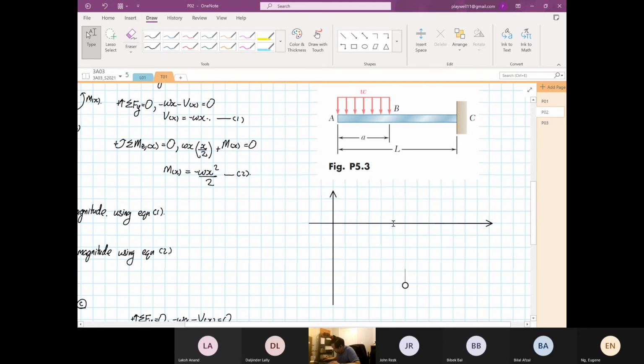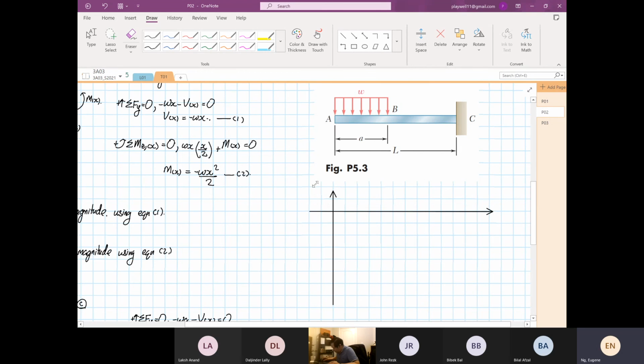So remember, over here you have your X distance, and over here this is your shear force.